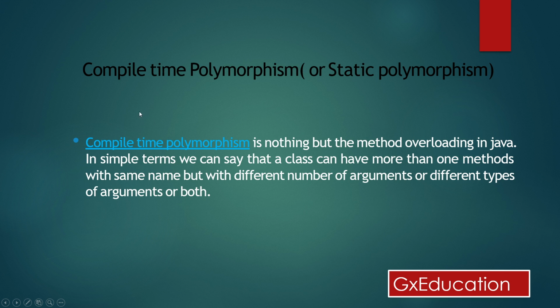So you can understand by this statement: compile time polymorphism is nothing but method overloading in Java.